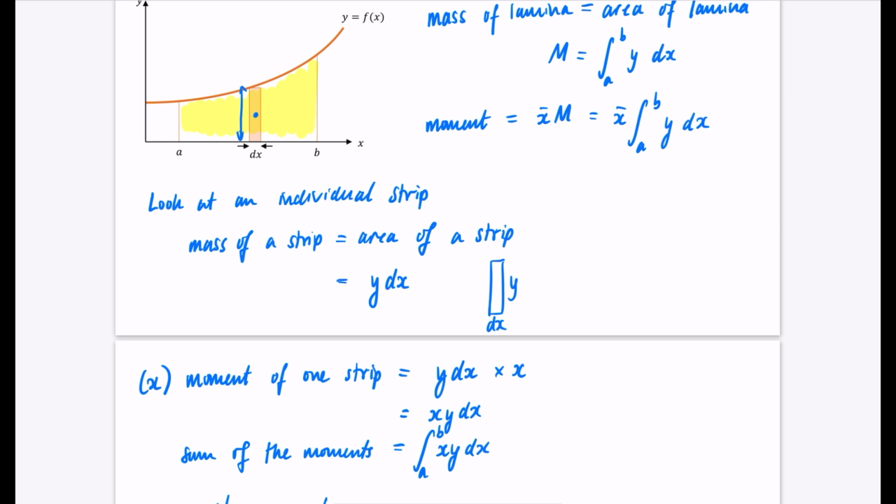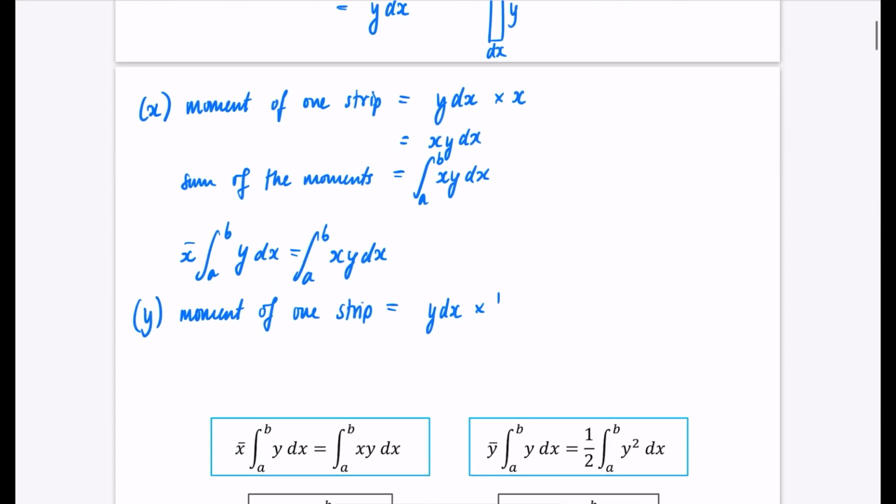The height of this strip is y, so from the top to the bottom the centre of mass is half of that. It'll be half the way up, so it's multiplied by a half y. In other words, it is a half y squared dx, and the sum is therefore, between a and b, a half y squared dx.